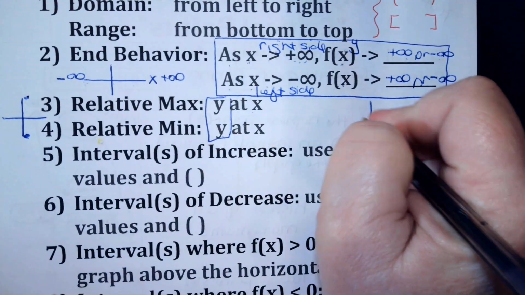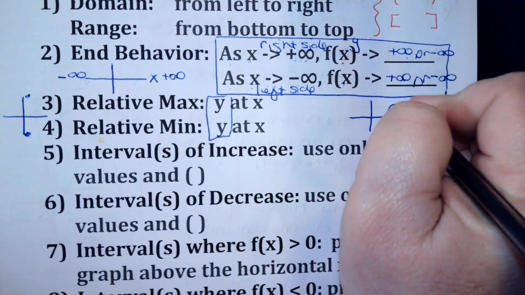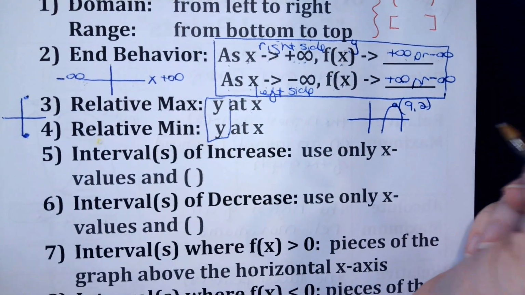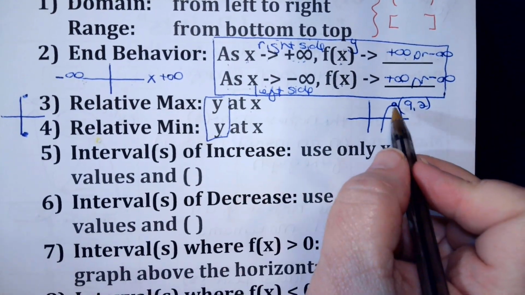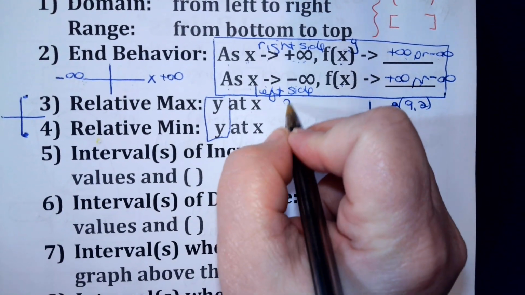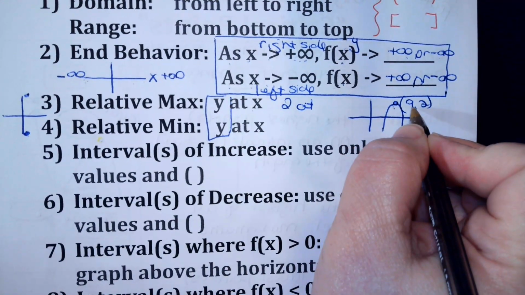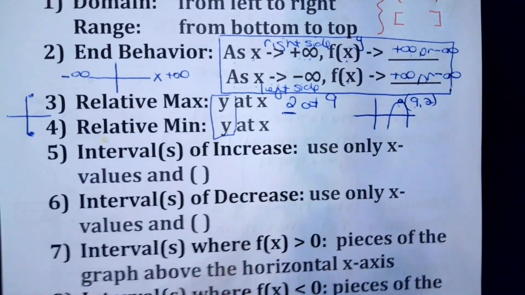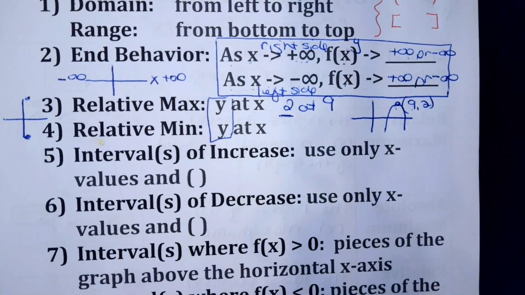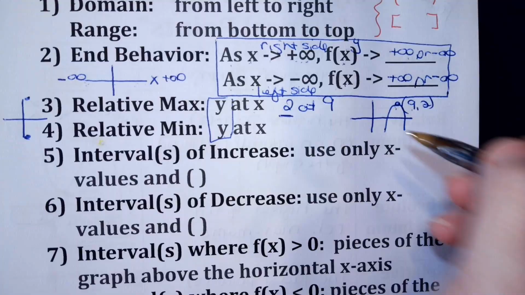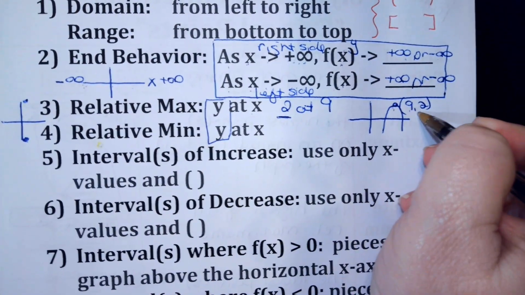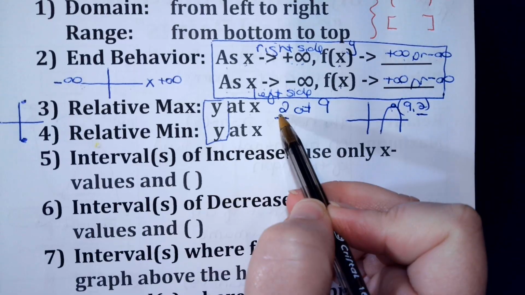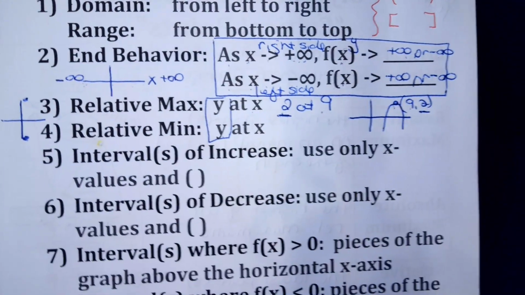So like, for example, if this point right here was 9, 2, we would actually write that the relative max, because that's the highest point, we would say 2 at the x value of 9. You want to emphasize the vertical or the maximum or the minimum, which is the vertical value, which is your y. So it's always the vertical value first, and then your x value.